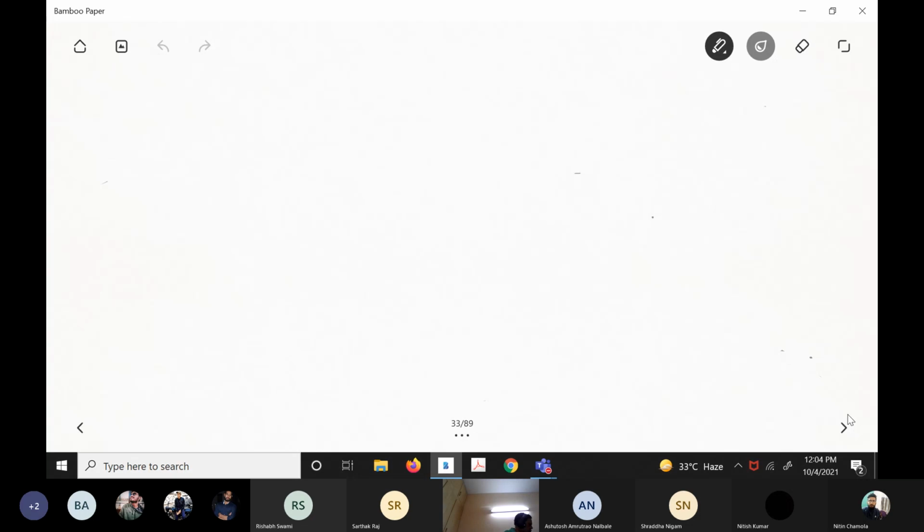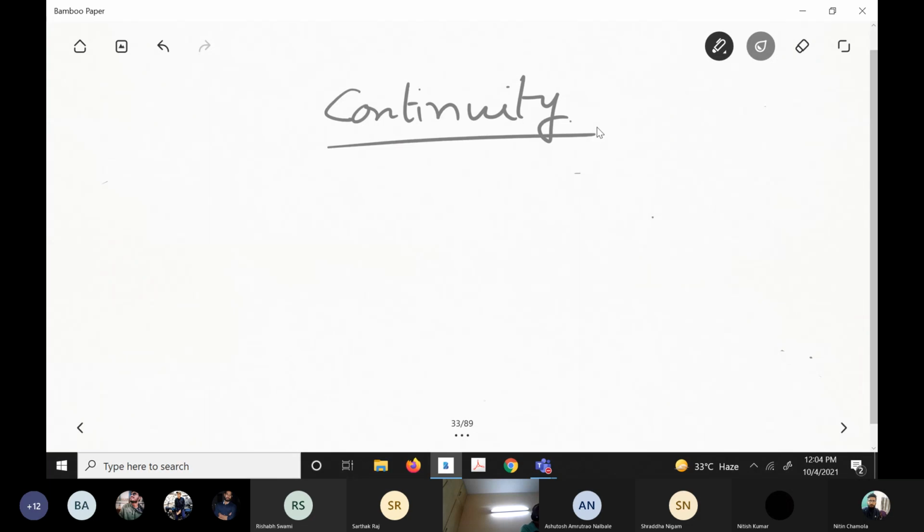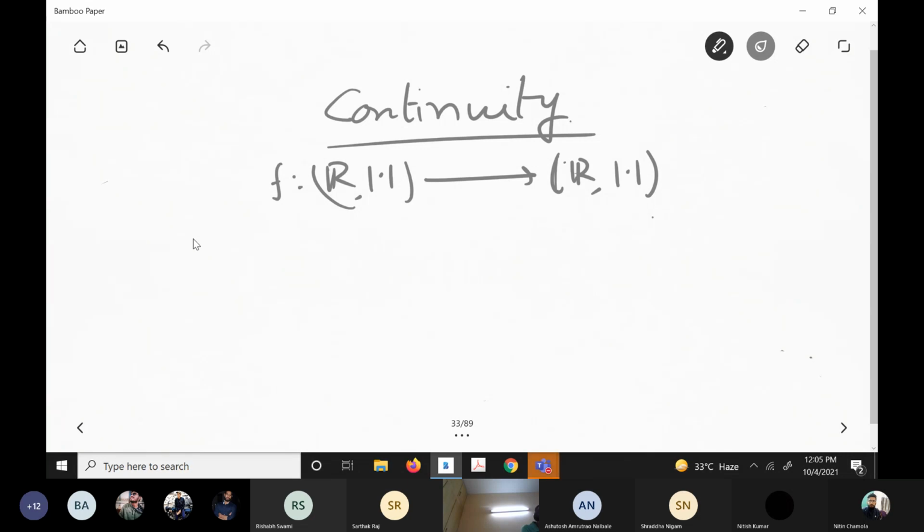Continuity. Okay. So I'm just recalling that when you have a function, and suppose x belongs to R. Then f is continuous at x means what?